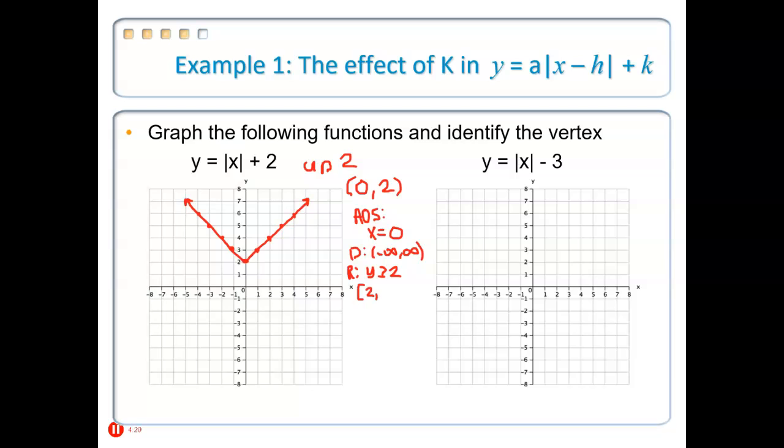That could also be written as a bracket from 2 to infinity. So we've identified our vertex, discussed the transformations, and we know the domain and range.